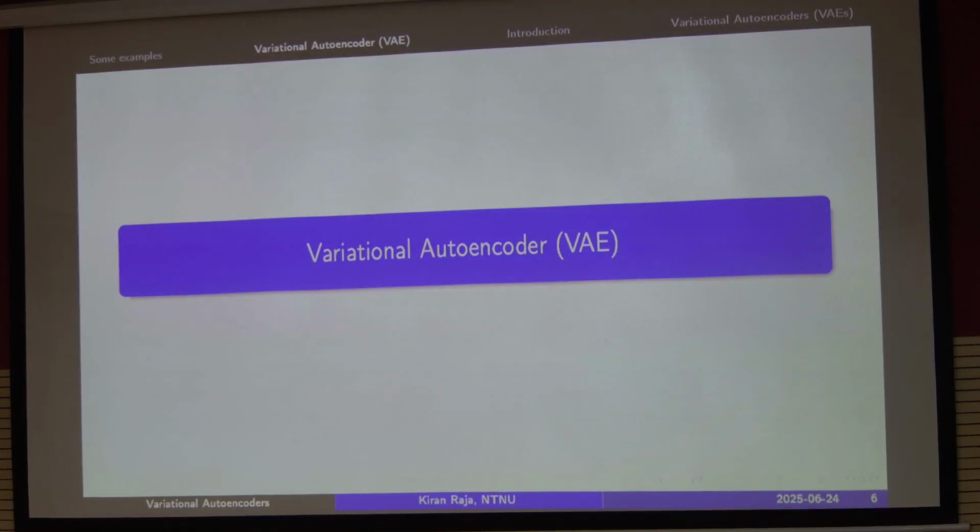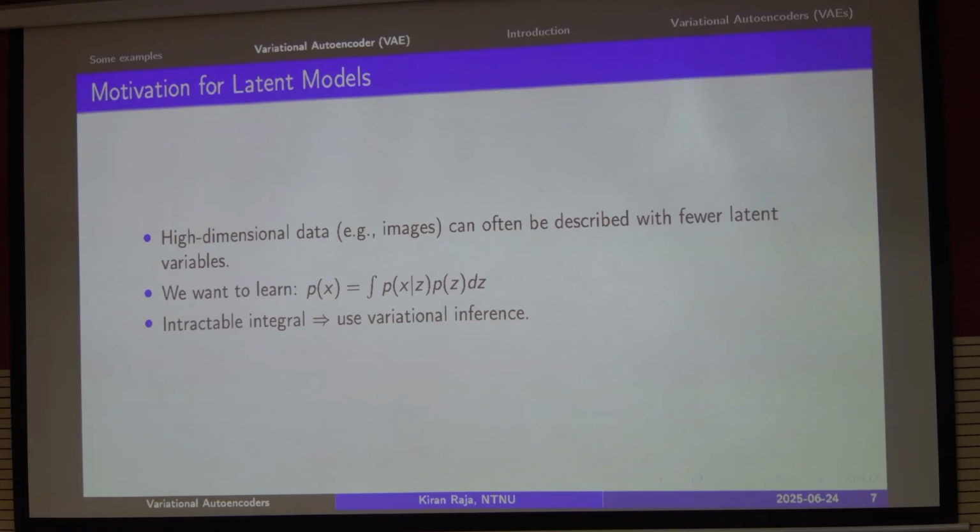Okay, so what is a variational autoencoder? Take any kind of high dimensional data, which is typically an image, text, or any high dimensional data that can be represented in a small space. That is the idea of latent space, right?